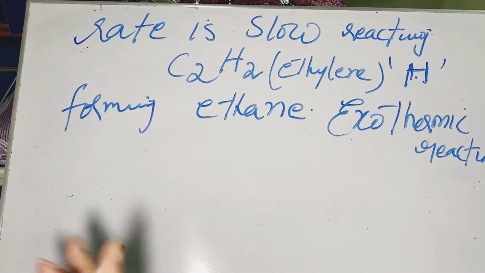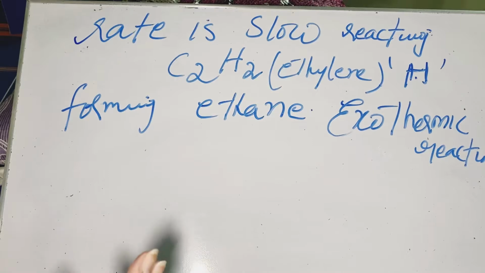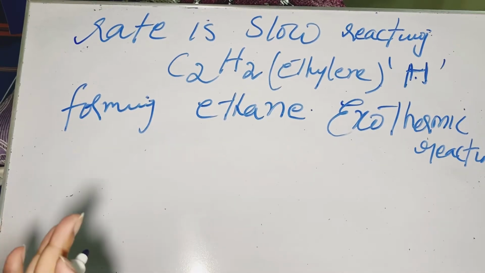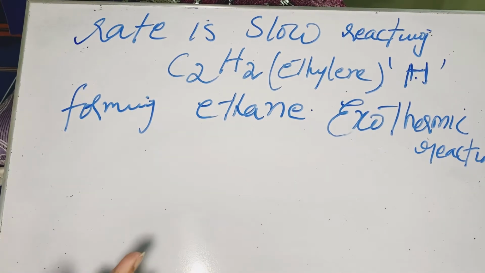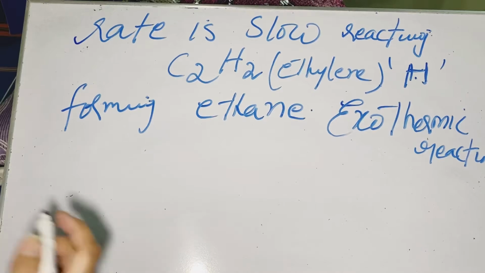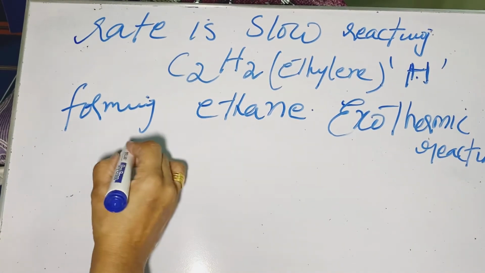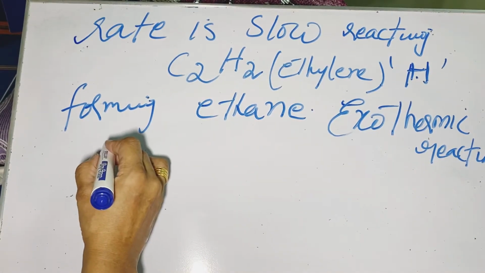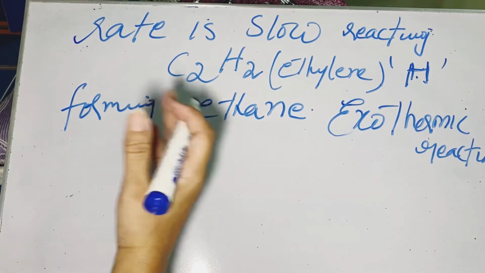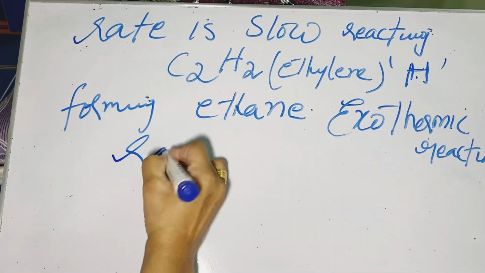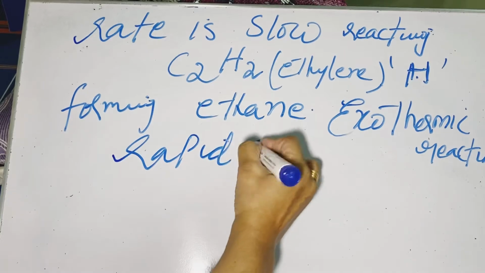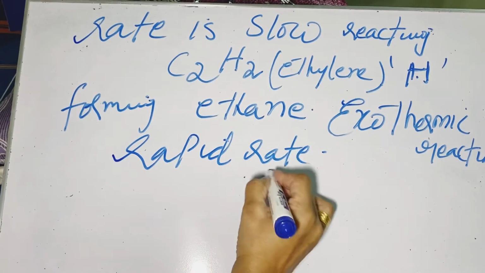So to run a reaction at a rapid rate, addition of a catalyst like platinum, nickel, or palladium is always needed, always a must, right? To run a reaction at a rapid rate, you need to add some catalysts.